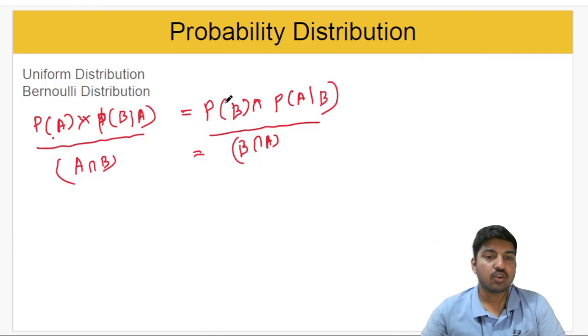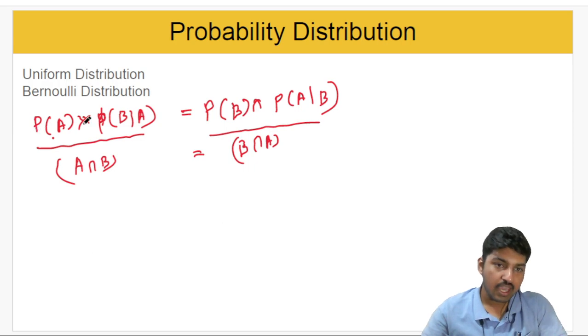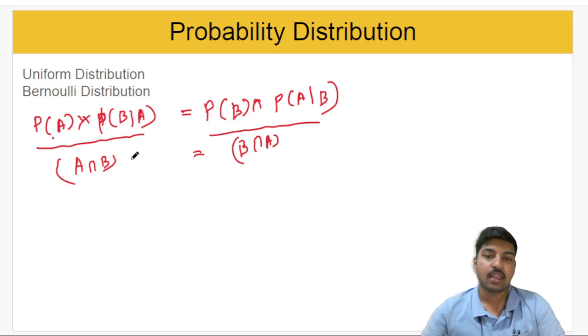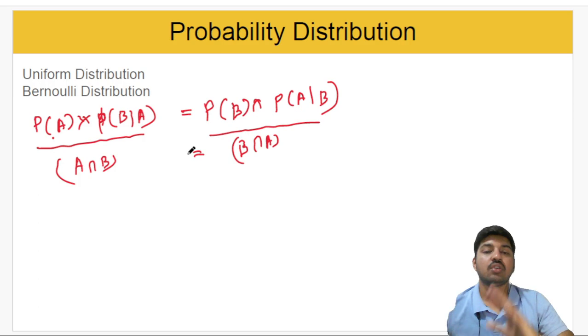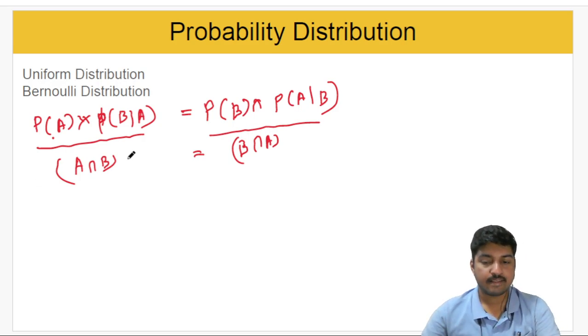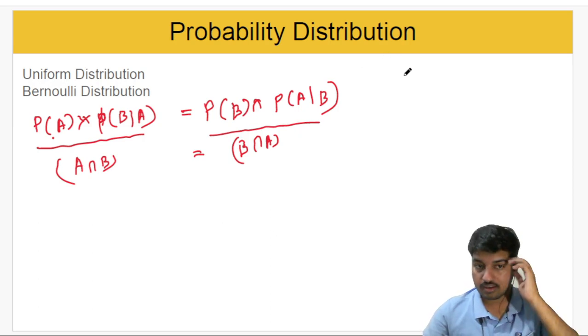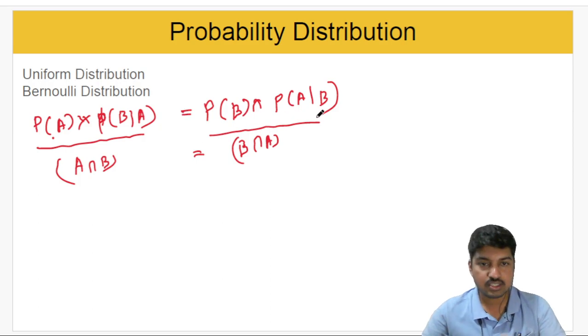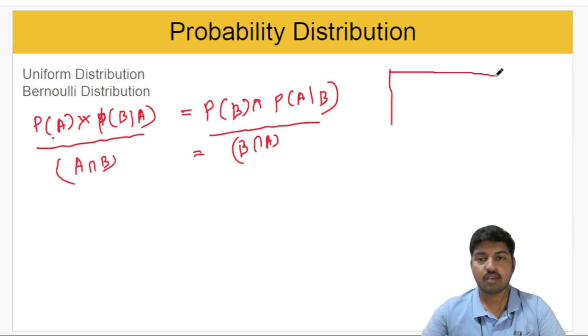So what we are doing is probability of A into probability of B given A. This is what we are trying to prove. Okay, got my point? Until here you are clear? Yeah, okay. Now we will take the same example which we solved earlier, so that you will get an idea of how these things are going to be equal. With an example, you can imagine that.